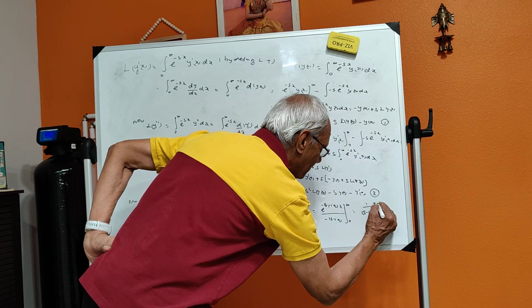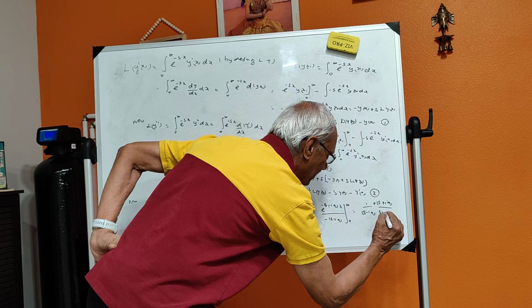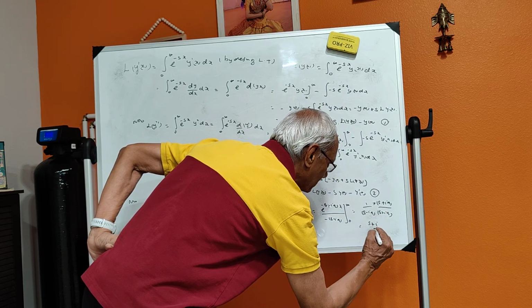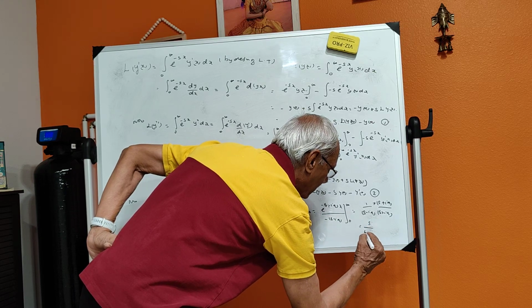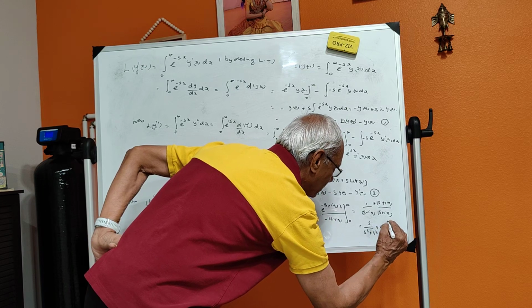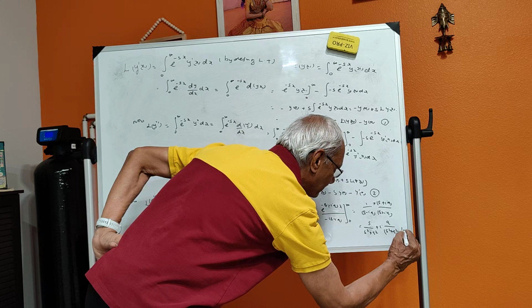Now multiply this by the conjugate, s plus ia, divided by s plus ia. So this is equal to s by s square plus a square plus i into a by s square plus a square.